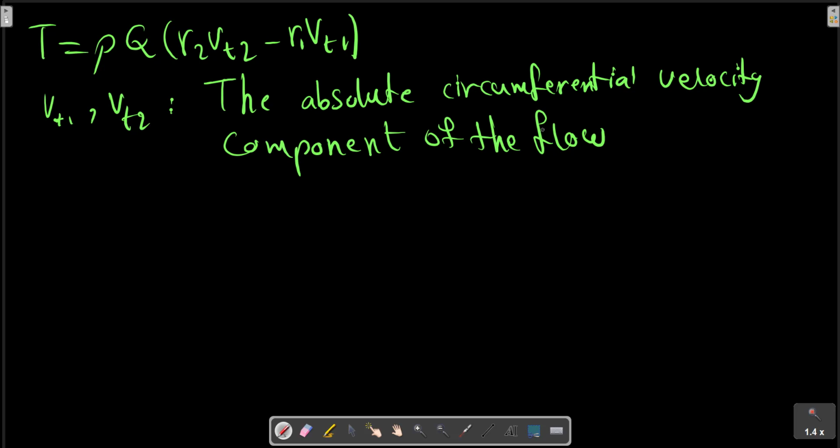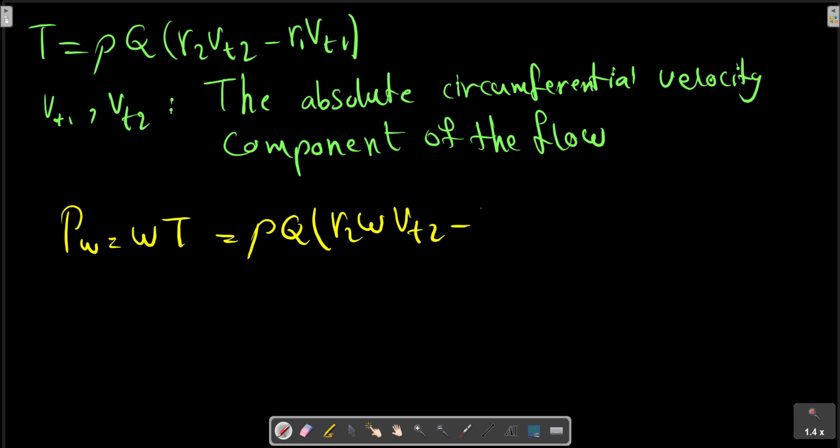The power delivered to the flow can thus be calculated from the previous relation, which was omega multiplied by the torque: rho Q times (R2 omega Vt2 minus R1 omega Vt1).